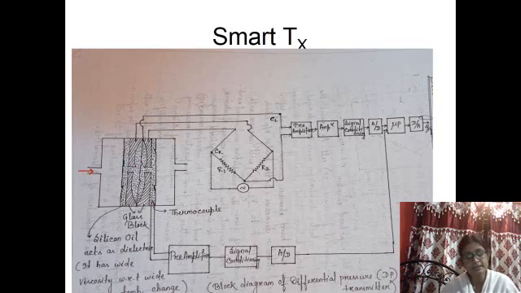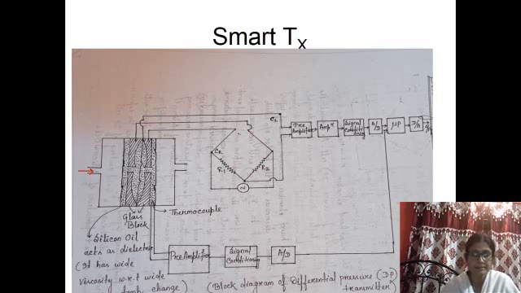So this glass block separates, and these diaphragms are metallic diaphragms, generally made of gold, in order to produce the capacitive effect. And these are connected to this Wheatstone bridge.